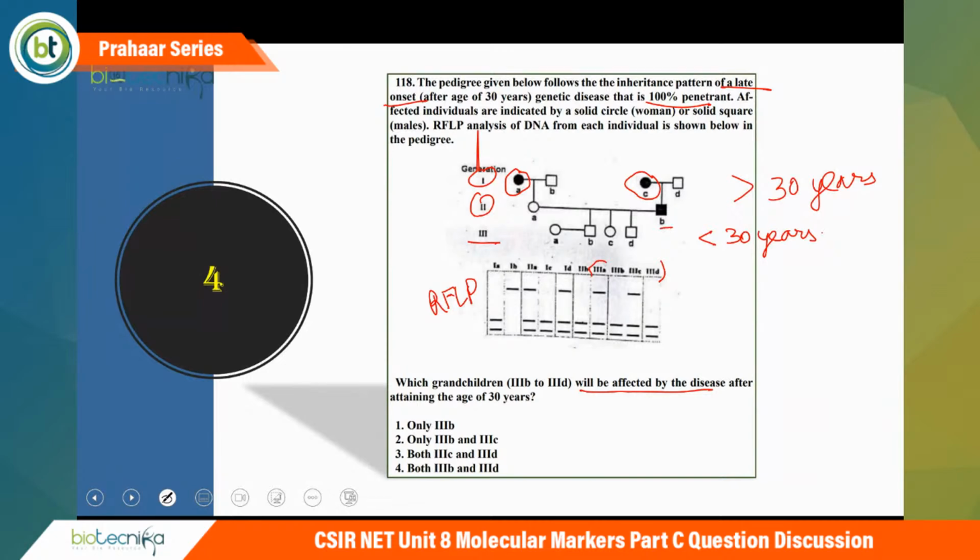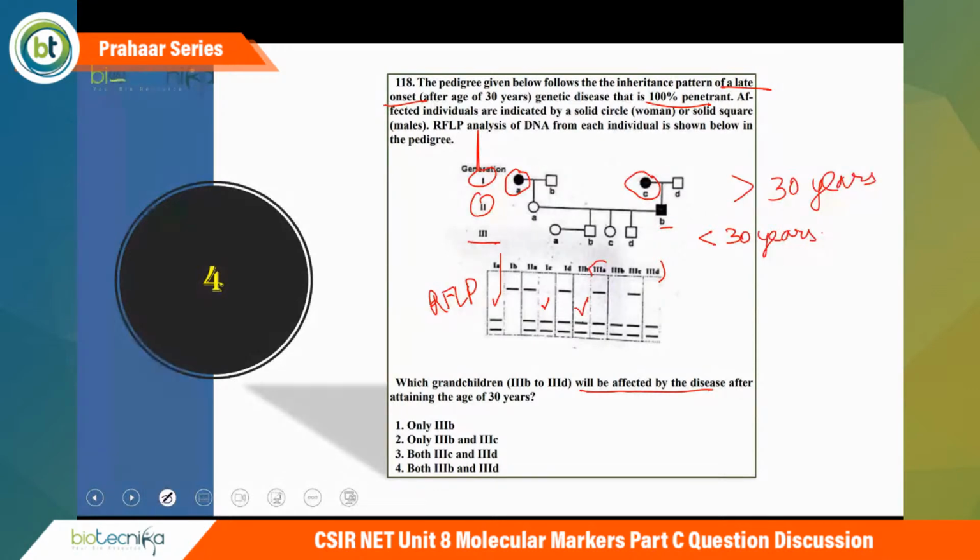I'll just mark them: 1A, 1C, and 2B. The columns where I have ticked are the ones who are affected. Now we have to find a band pattern which is common to all three of them.